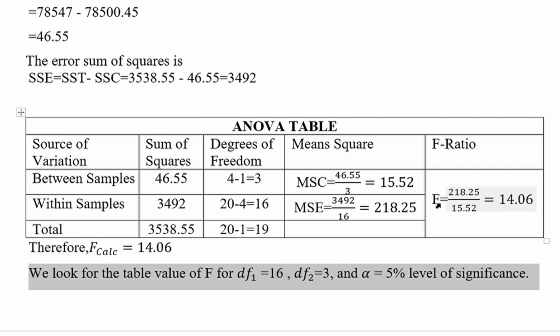The numerator side is this 218, and the corresponding degrees of freedom is 16. Then the degrees of freedom 2 is for the denominator. This is the denominator, and the corresponding degrees of freedom was 3. So we put it as df2. And alpha, of course, we had been given from the question that it should be at 0.05 level of significance.